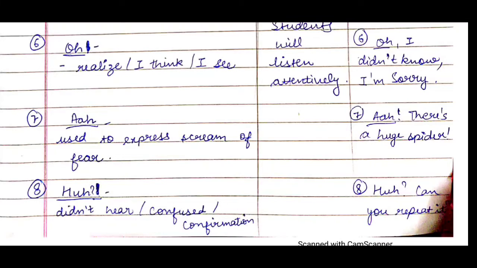We'll say, "Ah, there is a huge spider." The eighth one is huh. This is used when we don't hear something properly, are confused, or want to confirm something again. The sentence is, "Huh, can you repeat it?"